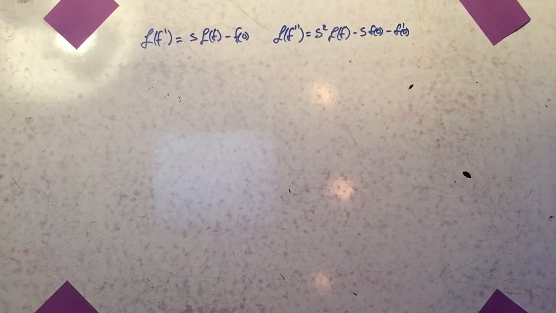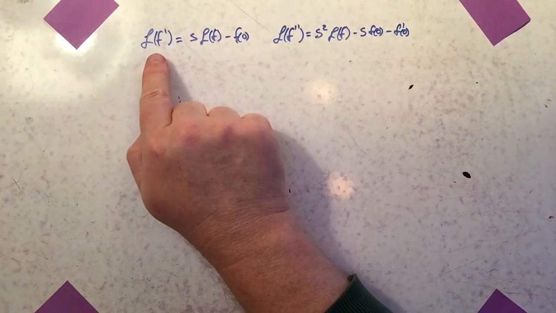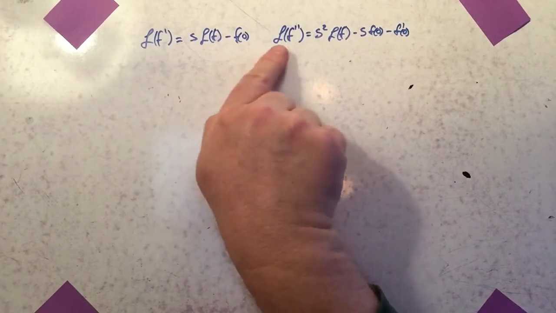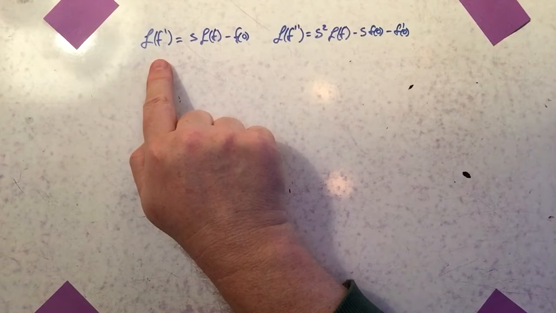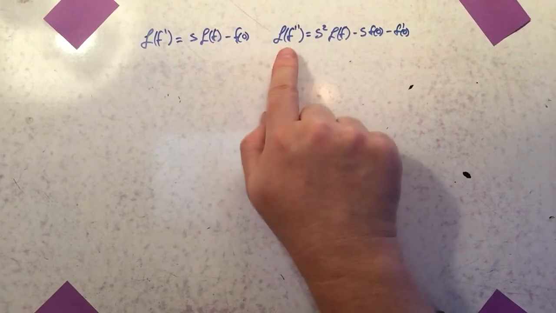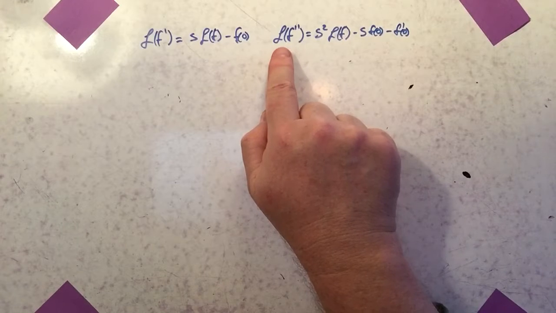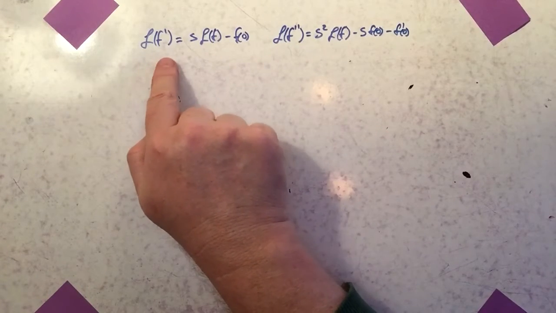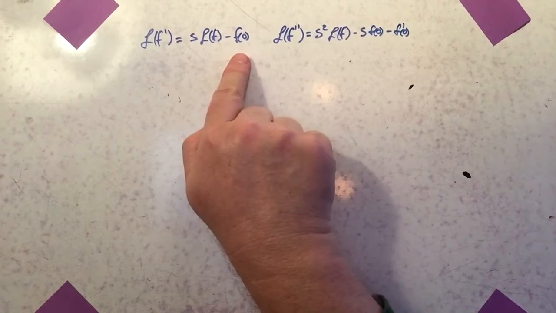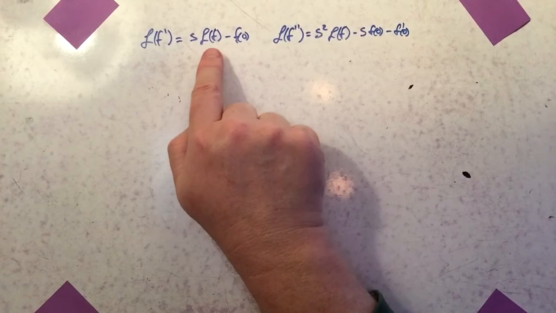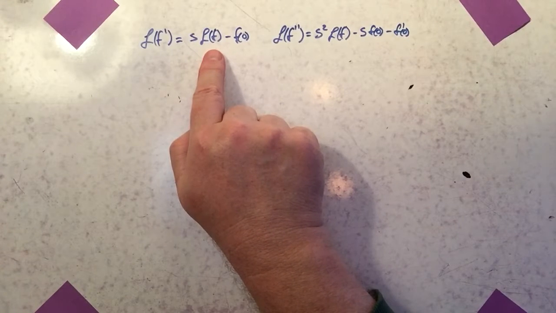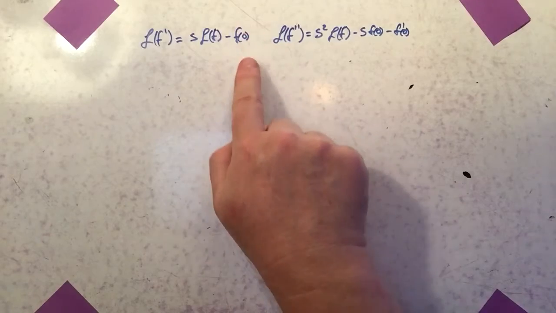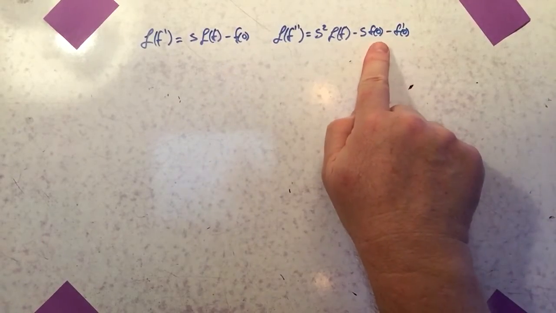What we're going to do is apply these, though, and you can see what they do. If we apply the Laplace transform to a second order differential equation, what it's going to allow us to do is replace the first and second derivative terms with basically algebraic expressions. The Laplace transform of f is going to be a new function in s. And of course, the initial conditions will generally be given for these.